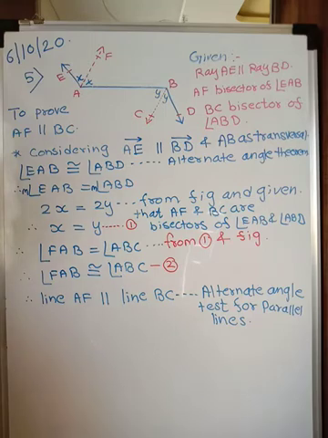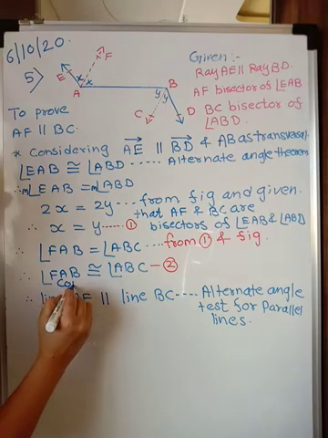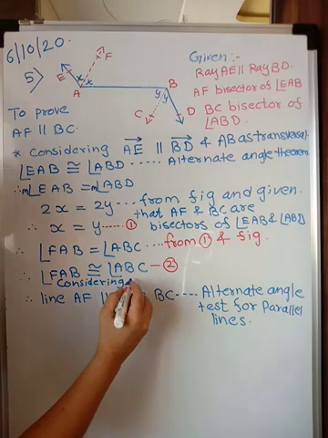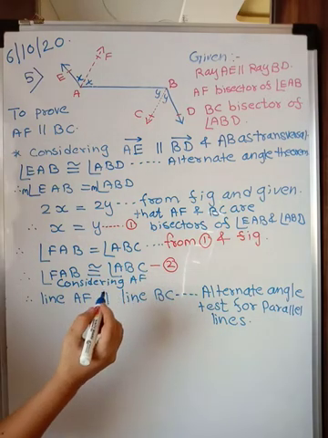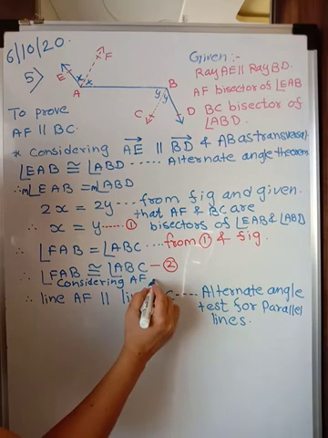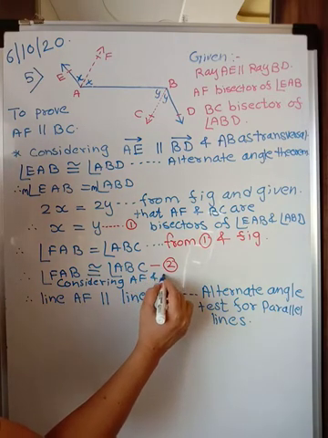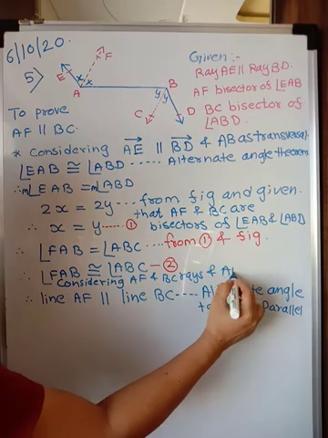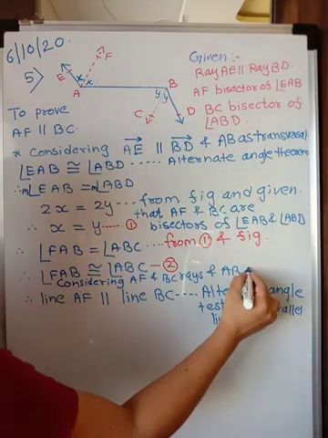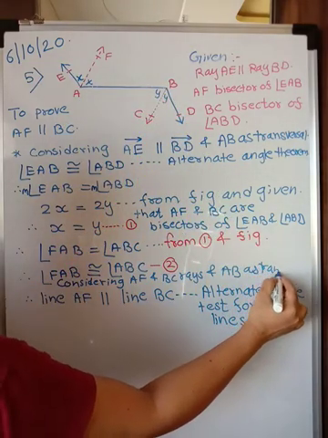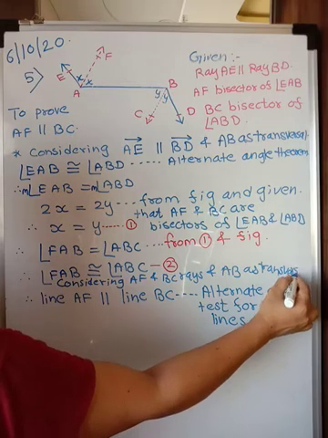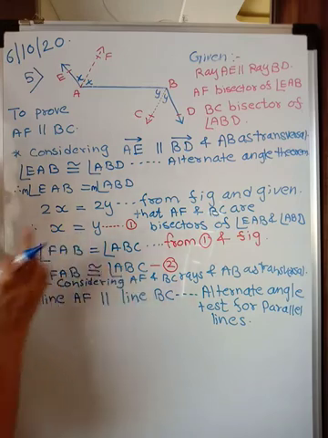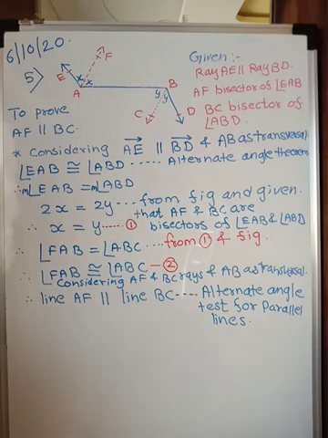So here you can write, considering rays AF and BC and AB as transversal, we have AF parallel to BC by the alternate angle test for parallel lines.